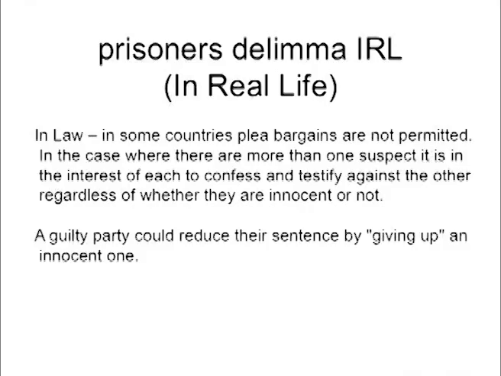For example, in the law, plea bargains are not permitted in certain countries. And that's because it's always to the benefit of a person who is arrested with somebody else to implicate the other person, whether or not that person is guilty.